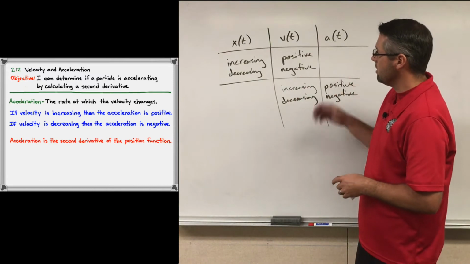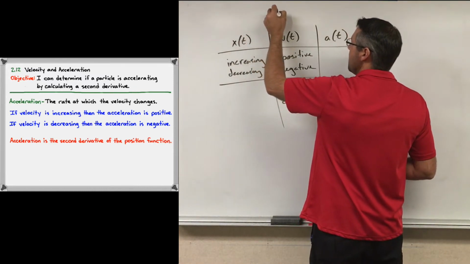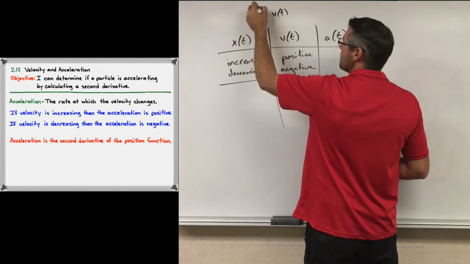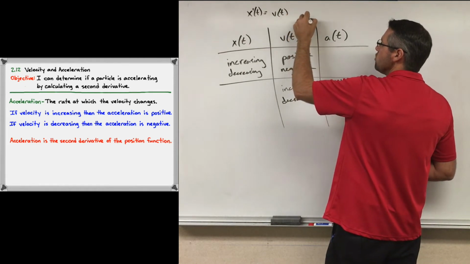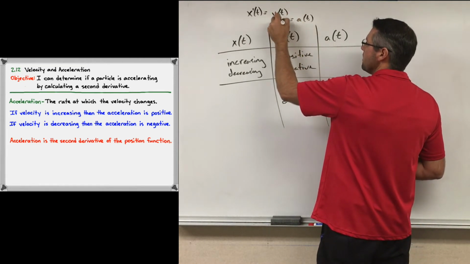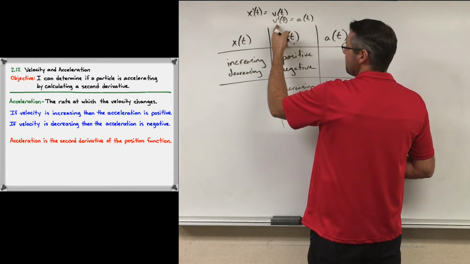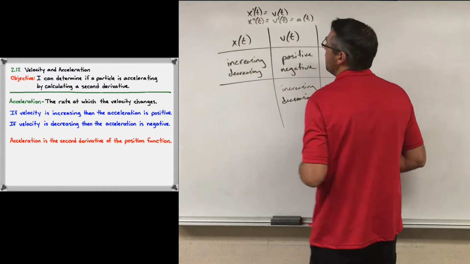And we can see that here: if velocity is equal to the derivative of position and acceleration is equal to the derivative of velocity, then acceleration is the derivative of velocity, which is the second derivative of position.